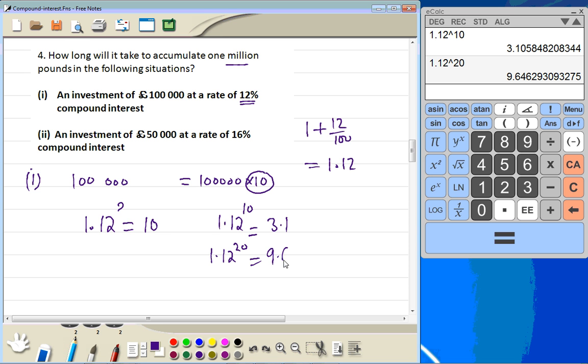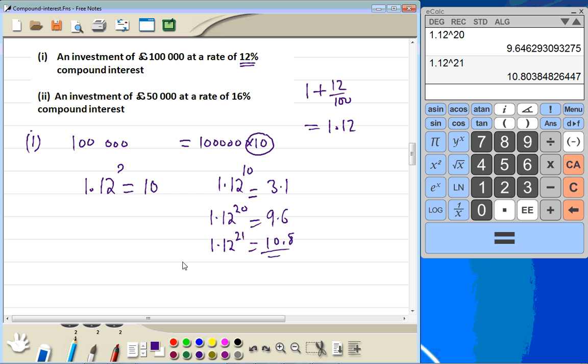So we're almost there. If we try 1.12 to the power 21, now this is 10.8, which is more than 10. So the answer to this question is 21 years.